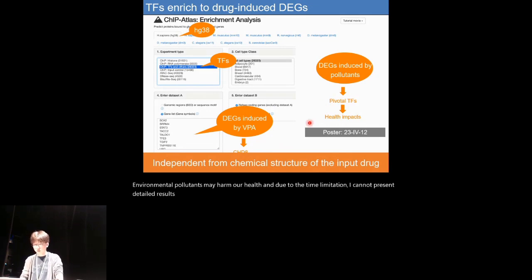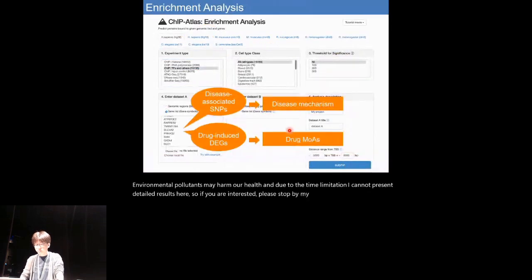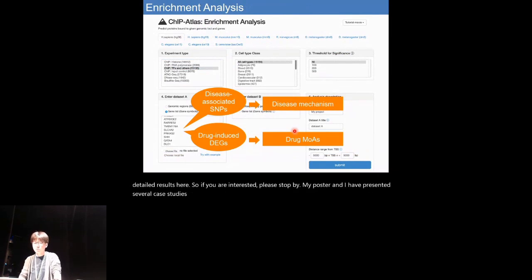So if you are interested, please stop by my poster. I have presented several case studies illustrating how this ChIP-Atlas database can be used. So in a word, there are many ways to use it, and I will be happy if it can accelerate your research.